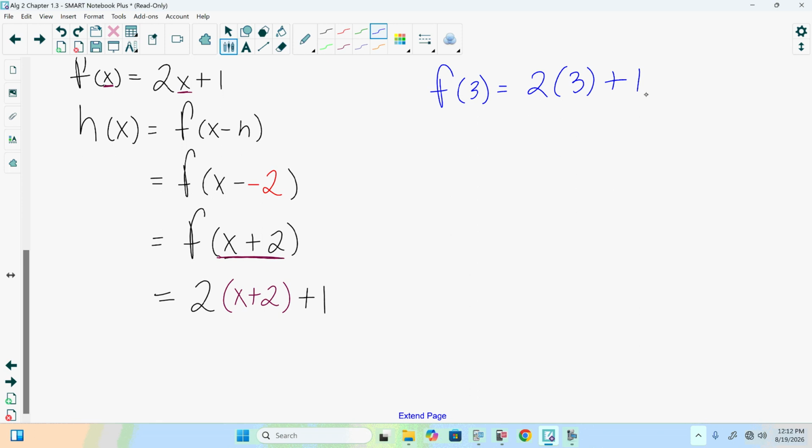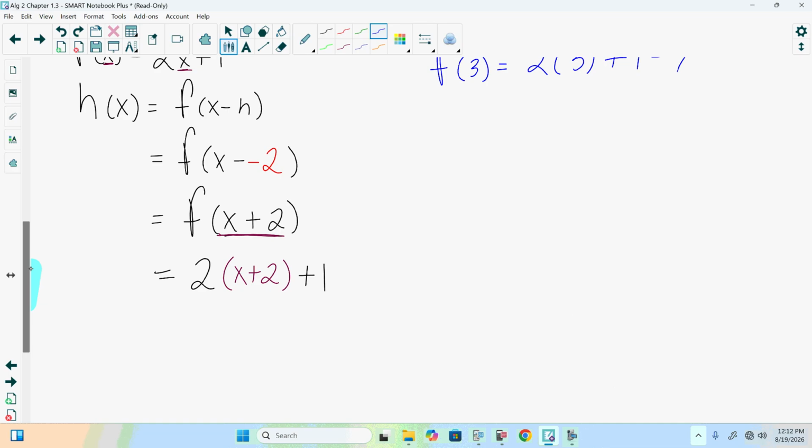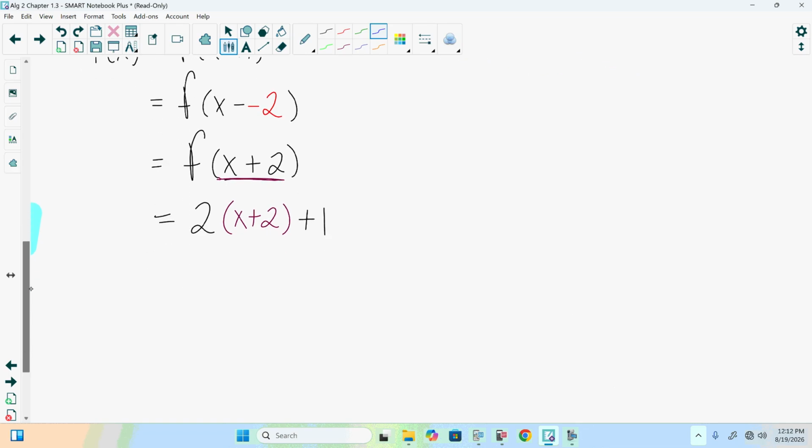Did we ever say that it had to be just numbers? No, it can be any expression that we want. However, up to this point, y'all have only really done numbers. We've not done an expression like x plus 2. It's just for us a way to say we are putting this into the function. Questions on this so far?